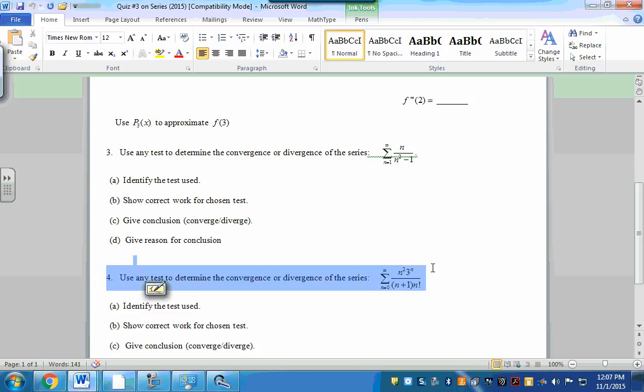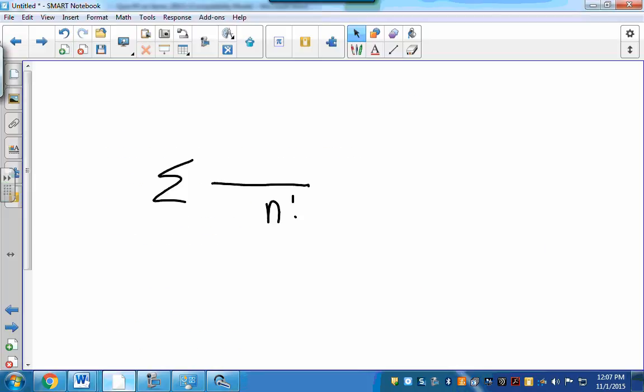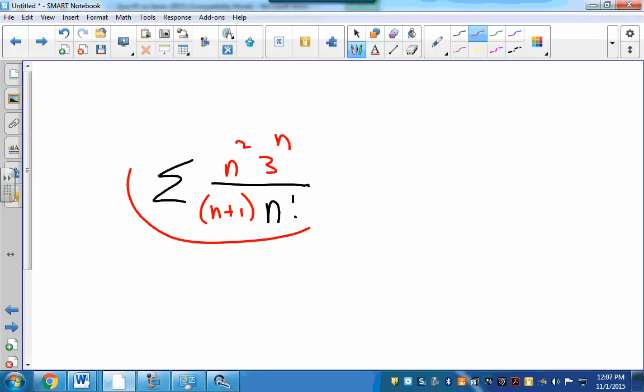Here's a series that has an n factorial in the bottom, and up top there's a quadratic and an exponential and a linear term down in the bottom. But certainly anything like that, where you have that n factorial, you're going to be using the ratio test.